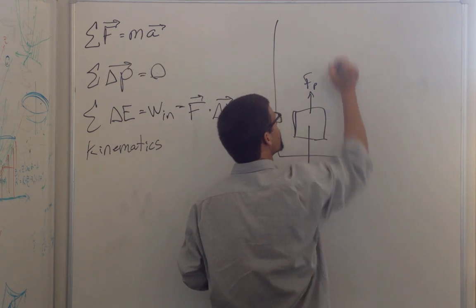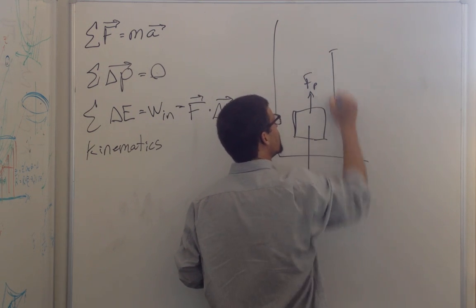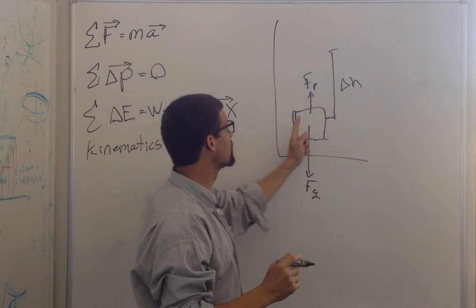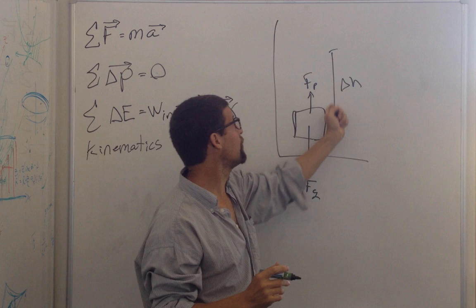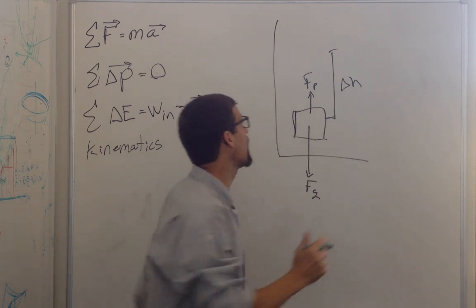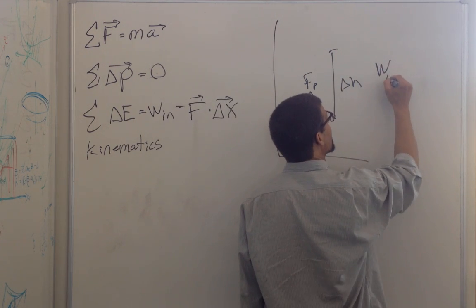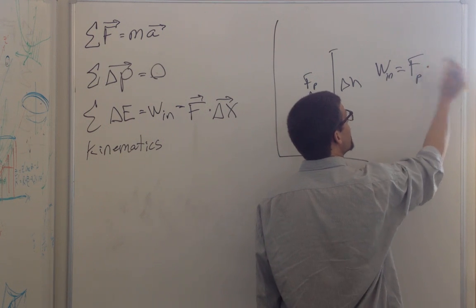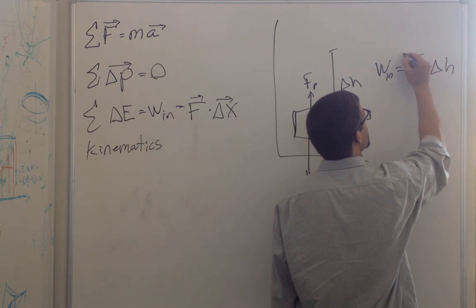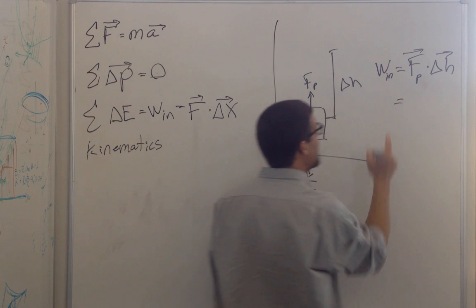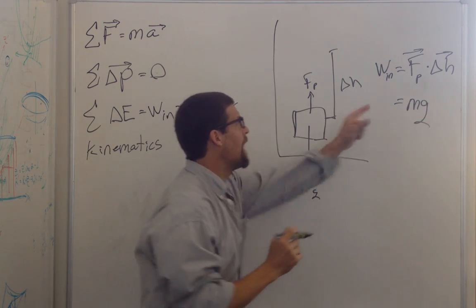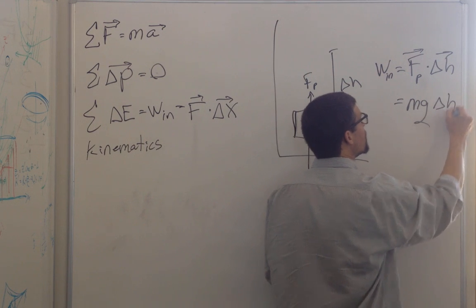Then we have force times delta H is work because the force and the change in displacement are in the same direction. And so I can say then work in is equal to force of P times delta H in the same direction. And the force of P is the same as gravity. And then I have delta H.